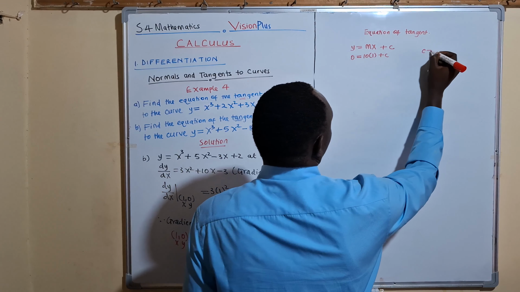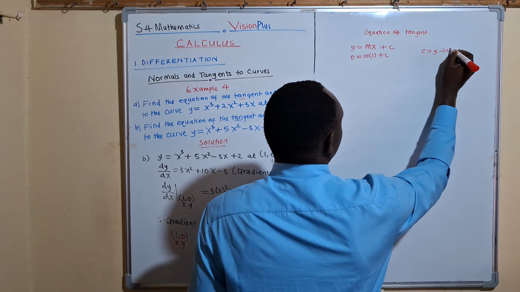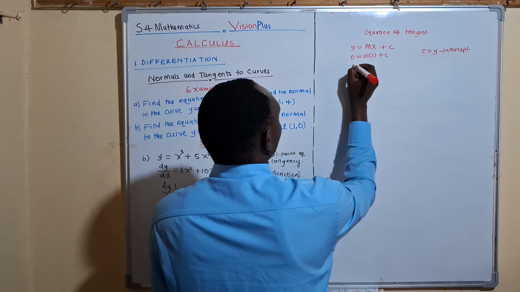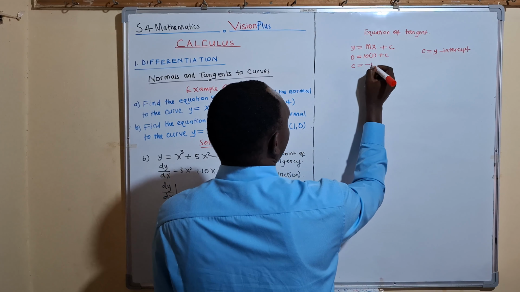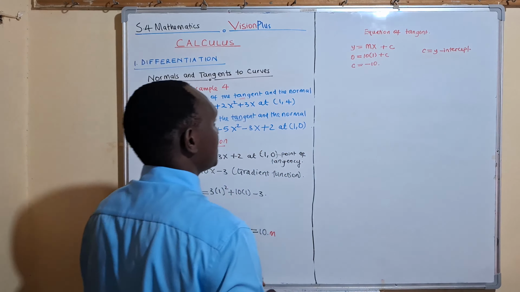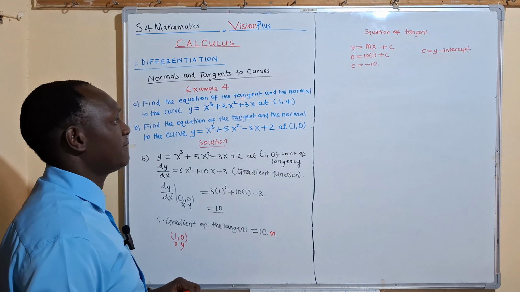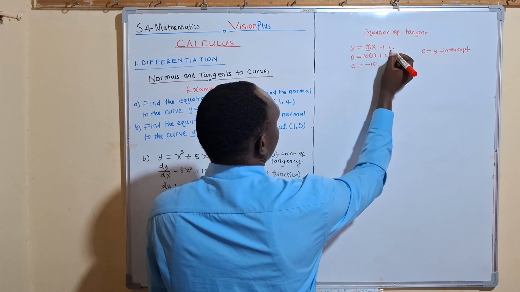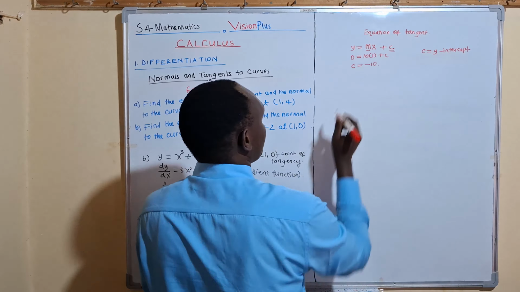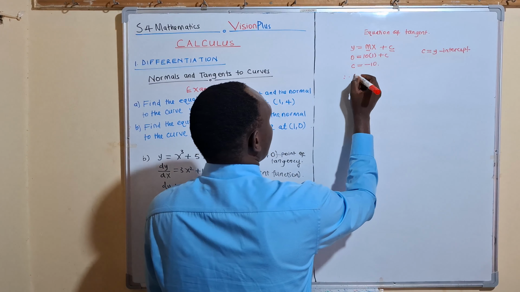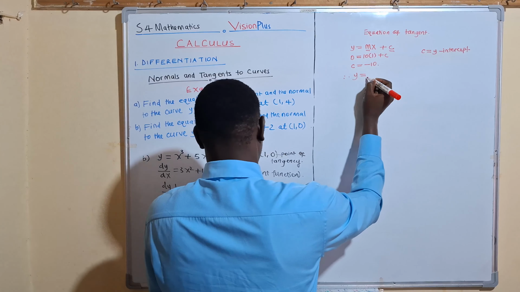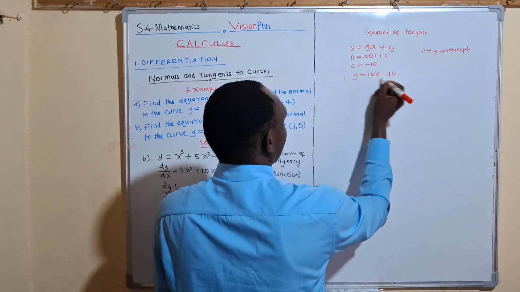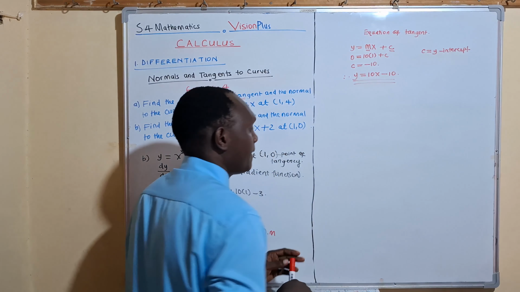And know that c is the y-intercept. So from here, when we make c the subject, c gives us negative 10. After getting c, we substitute here for m and c. So the equation of the tangent becomes y equals, m is 10, so we shall have 10x minus 10. And that is the answer.